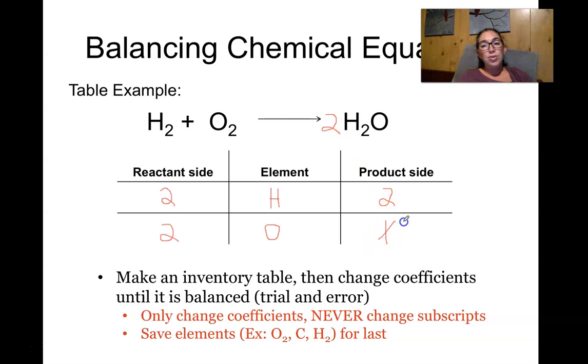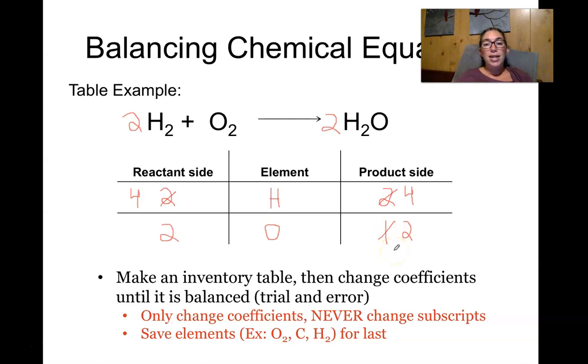That will give us 2 oxygens. But it's also going to change the number of hydrogens because now we have 2 times 2, which is 4 hydrogens. All right? No biggie. We can just add a coefficient on the reactant side. 2 times 2 equals 4. So now we have 4 hydrogens on both sides and 2 oxygens on both sides, and we are balanced.